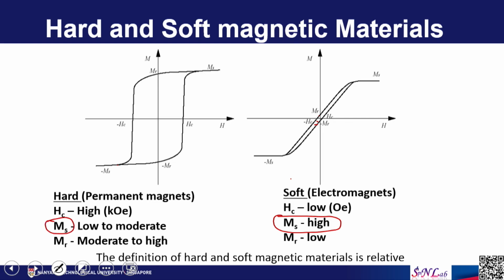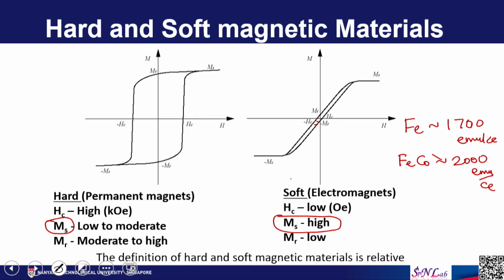Okay, I will give you some numbers. If you take pure iron, it will have around 1700 or 2200, I don't know, somewhere here emu per cc. If you alloy iron with cobalt, for certain compositions you can go all the way to 2000 emu per cc. So, these are typical values of soft magnetic material.